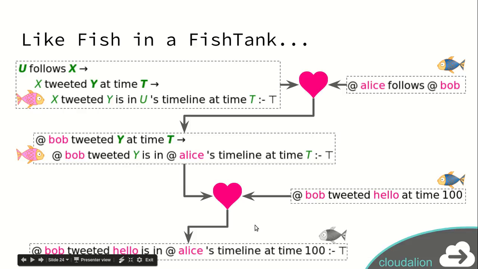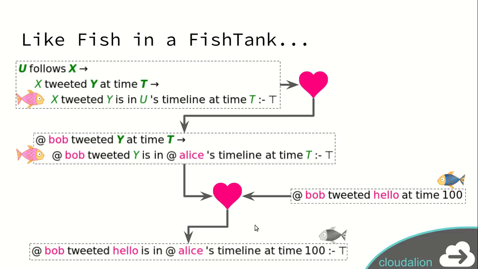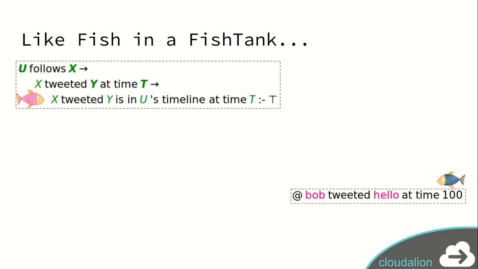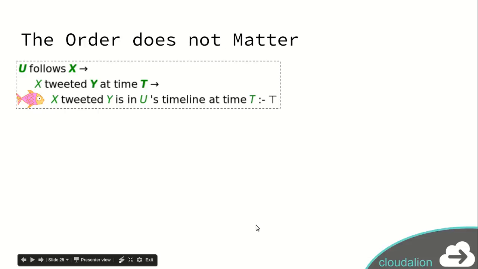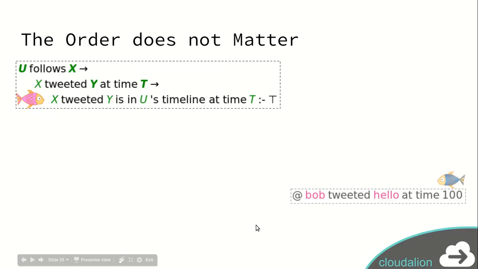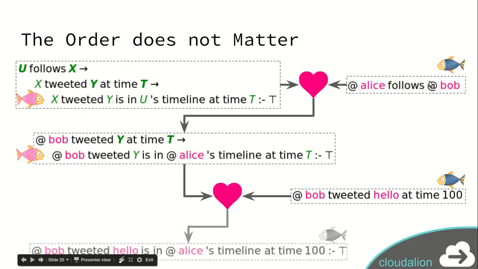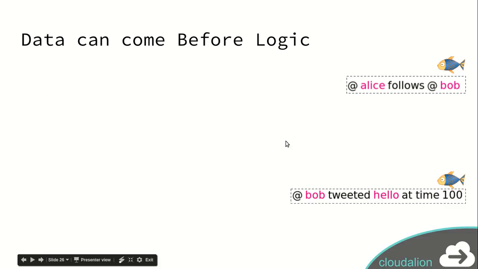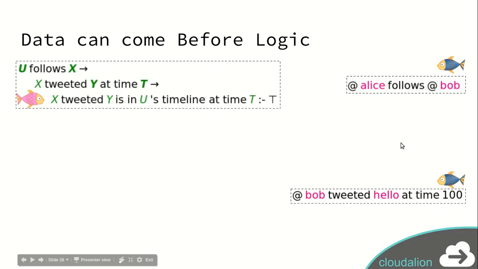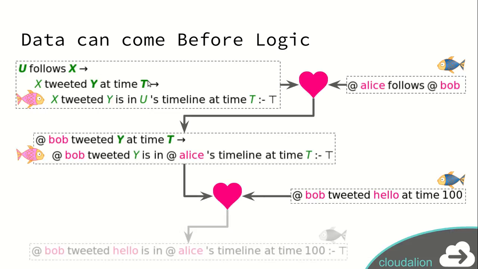Now, if one of the fish is removed, all its descendants are removed, which is what we expect. The order of insertion doesn't matter, so we can put this fish first and then this first fish, and the result will be the same. We can also put our data first and only then add the logic or modify the logic, and the result will be the same.